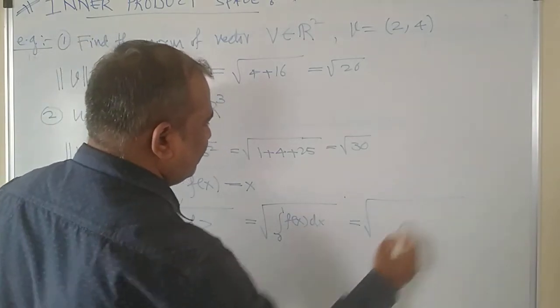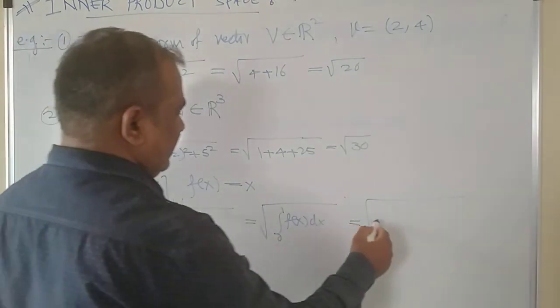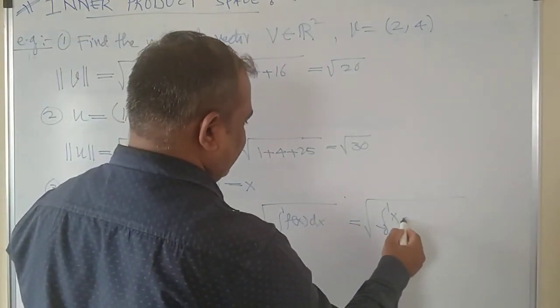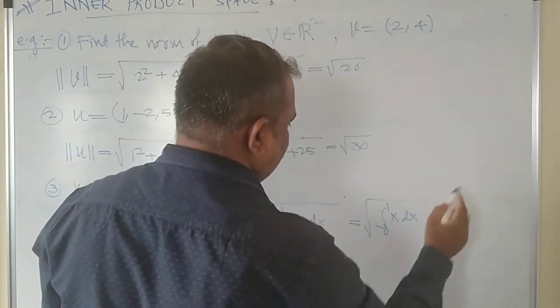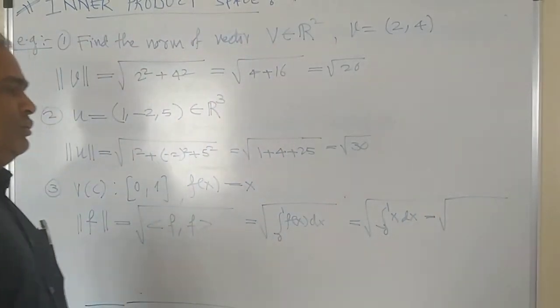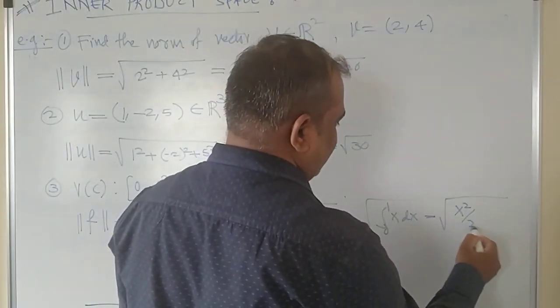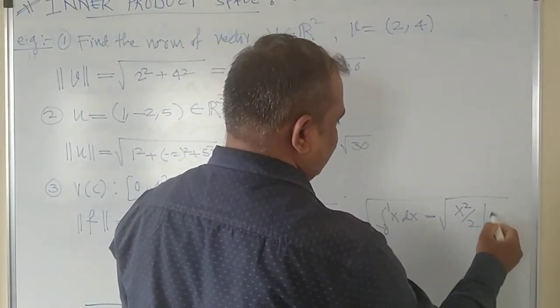Now if you solve within the square root, this will give you the integral from 0 to 1 of x dx, and the integral of x is equal to x square by 2, right?